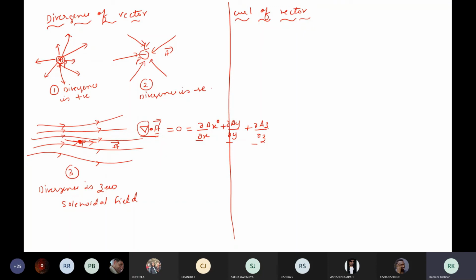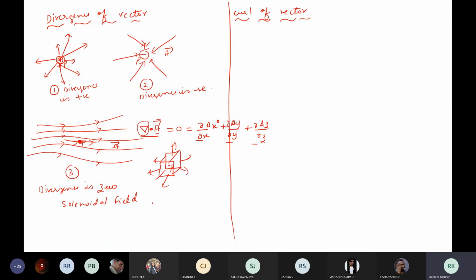Divergence we can define as the flux which is coming out from a given volume. Flux is defined as the total flux coming out from a given volume. For example, this is the volume and this is the point. What is the flux coming out from this whole volume? That is called divergence of a vector.